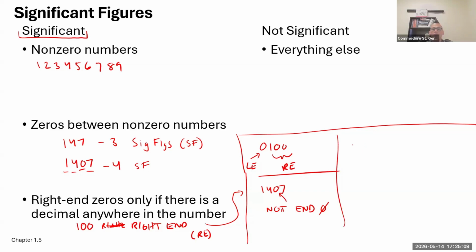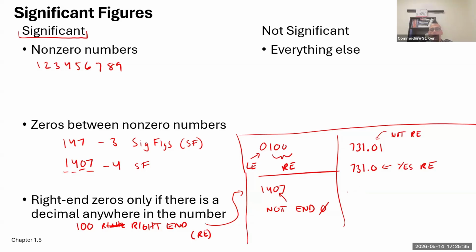Let's do another one. Let's say 731.01. We'll say not right end, but 731.0, yes, this is a right end zero.